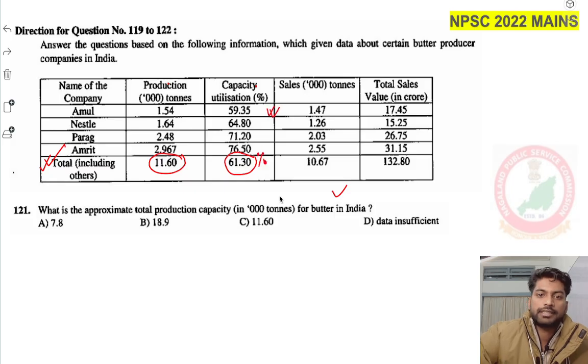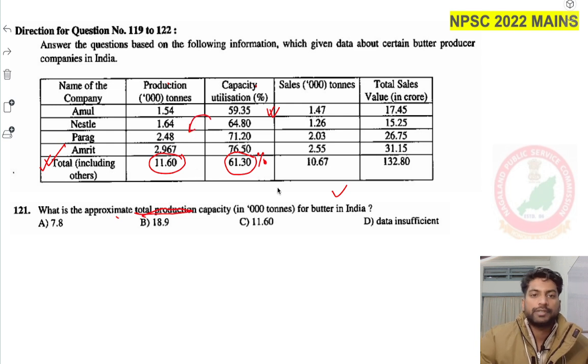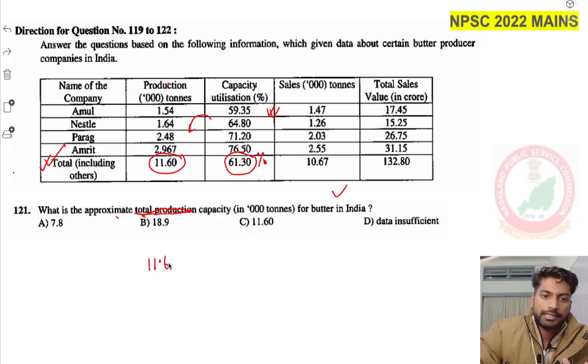Okay, it's in percentage, but they are asking the approximate total production, how much total production you can do. What is the approximate total production? This is the utilization production. Capacity we are utilizing, but what will be the total? 11.60 tons producing, and that represents 61.30. And if you want the total, it is always 100% because this percentage is denoting this ton.